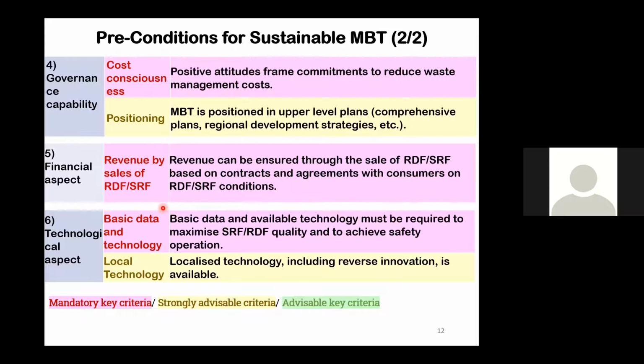And for the technological issue, the basic data on local waste and locally available technology should be considered first. The information on this technology and data must be collected in advance, and available local technology should be developed and collected in advance.